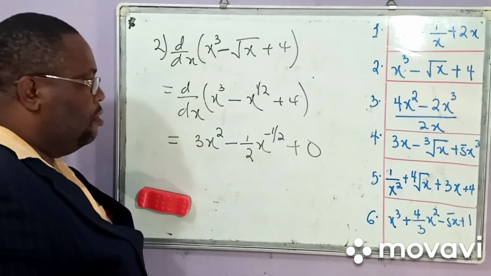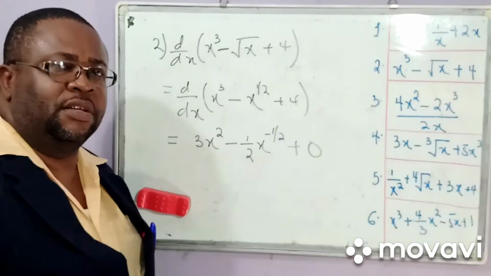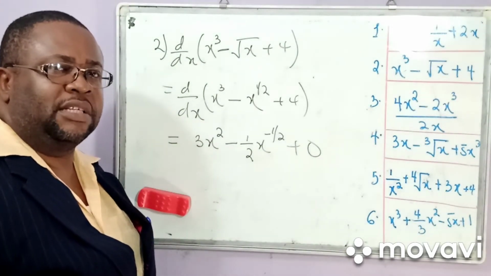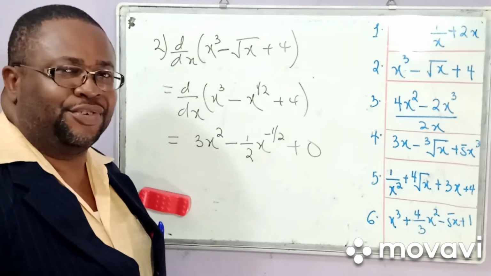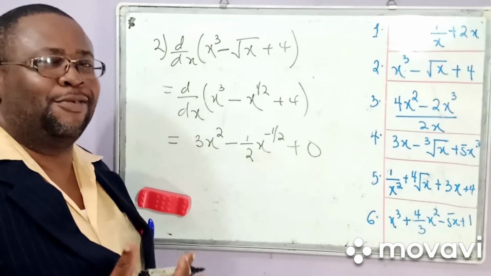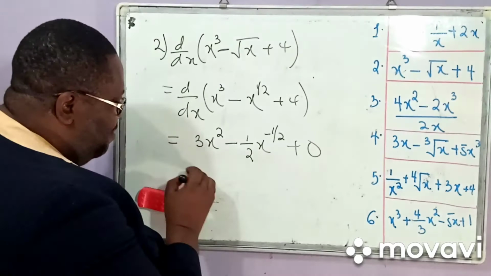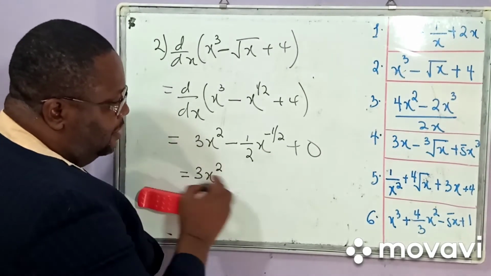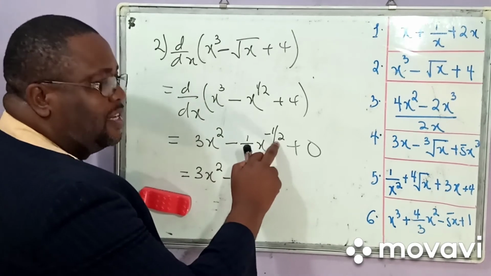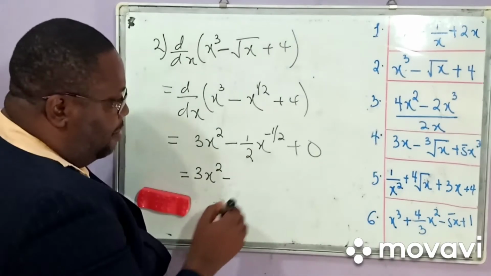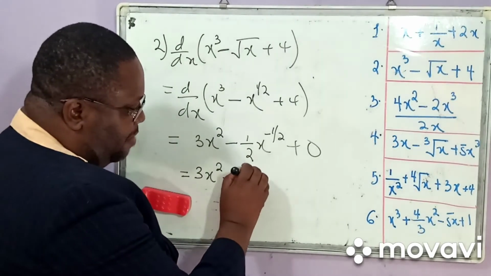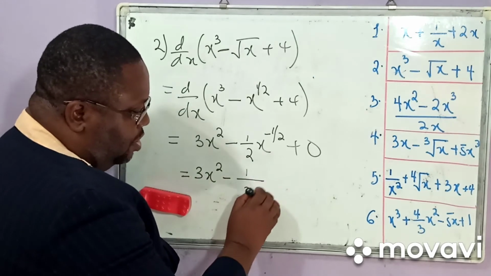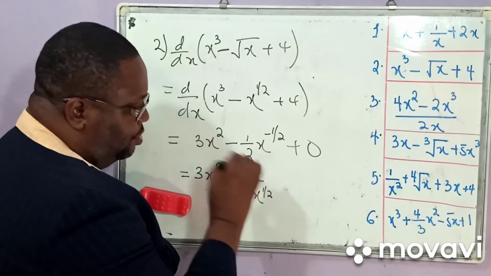Perfect. We are done with the differentiation. All what we need to do at this level is to arrange. We are going to arrange it to make it look beautiful. So this simply becomes equal to 3x squared minus, there is a negative half here that we can bring down. So we simply have minus 1 all over 2x to the power 1 over 2.